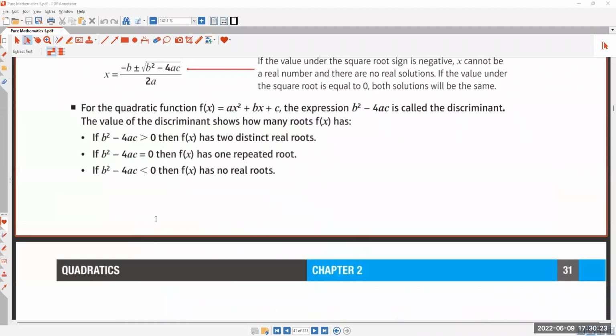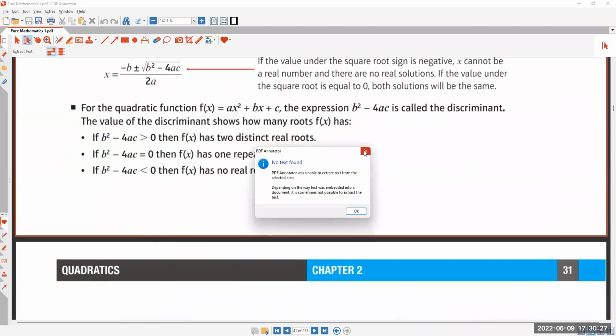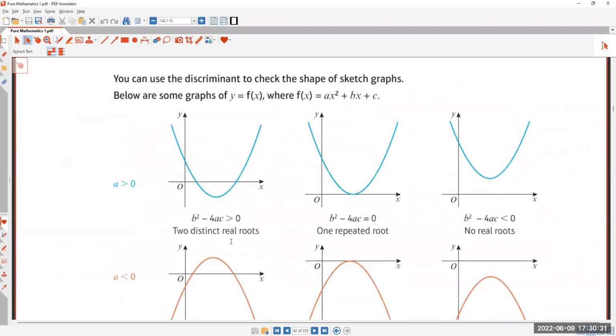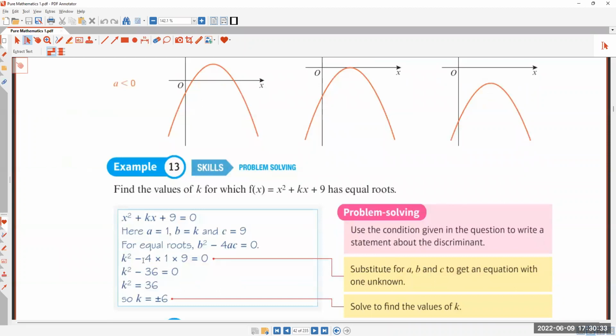So whatever. Look, they were saying regarding b square minus 4ac equals to 0. Can you see the second part over here? b square minus 4ac equals to 0. That's what I wrote, that's what they wrote. See, b square. Again, b is k. Do you realize that b is k over here?